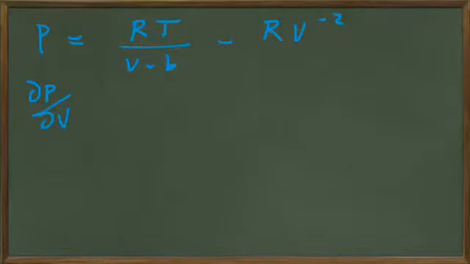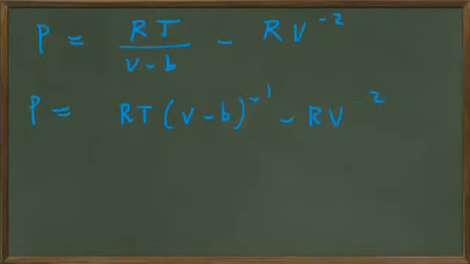We can, however, rewrite the first term of p to make it a little easier. So it would be rt times v minus b to the minus 1, and then a times v to the minus 2. So what we've done is separated the constant, although the constant is wrapped up with the v in this case.